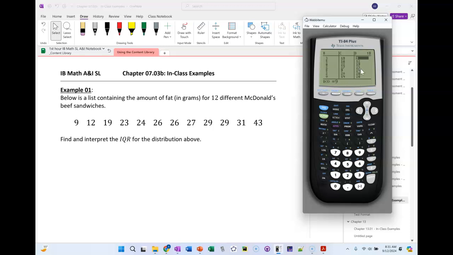I got an 8. 23, 24, 26, 27, 29. I missed the 29. Mr. Kulik, you dumbo. It didn't match my answer key. There we go. 8 is the answer. 29 minus 21.